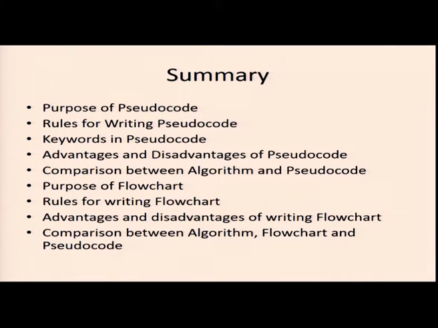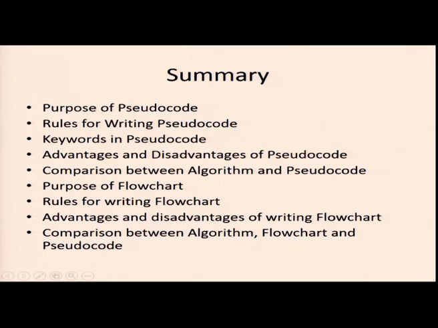Now, let us summarize whatever we have seen in this session. We have seen the purpose of pseudocode, the rules for writing a pseudocode, and the keywords that are available in pseudocode. We have seen the advantages and the disadvantages of using a pseudocode.